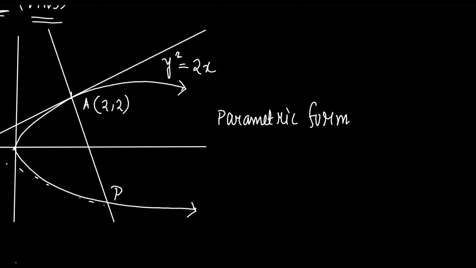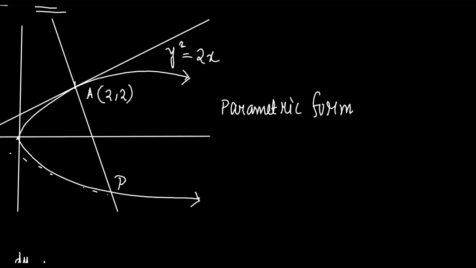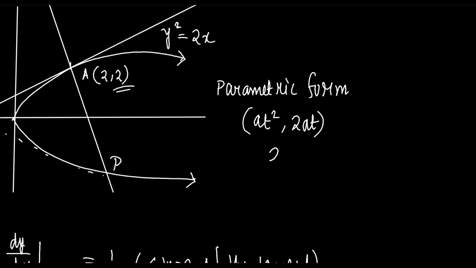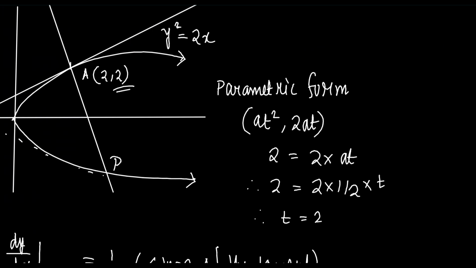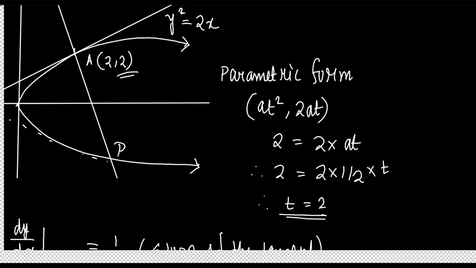If a point is lying on the parabola, then the parametric form is (at square, 2at). So here, if we compare these two, we have found that a is equal to half. So we can write that 2 is equal to 2 into a t, that means 2 into 1 by 2. We know that a is equal to 1 by 2. Therefore, we got that t is equal to 2. Okay, we got t equal to 2.